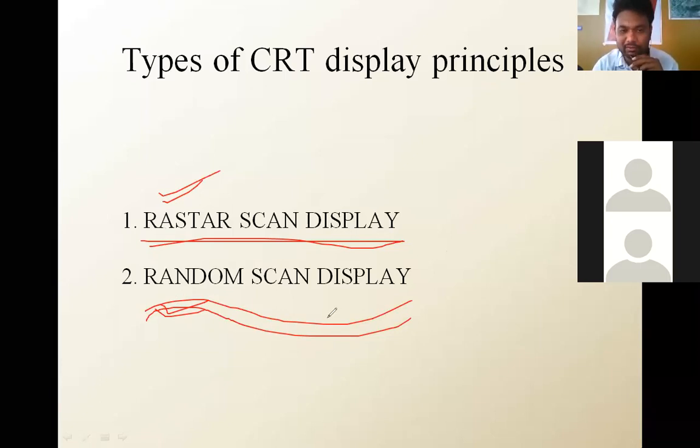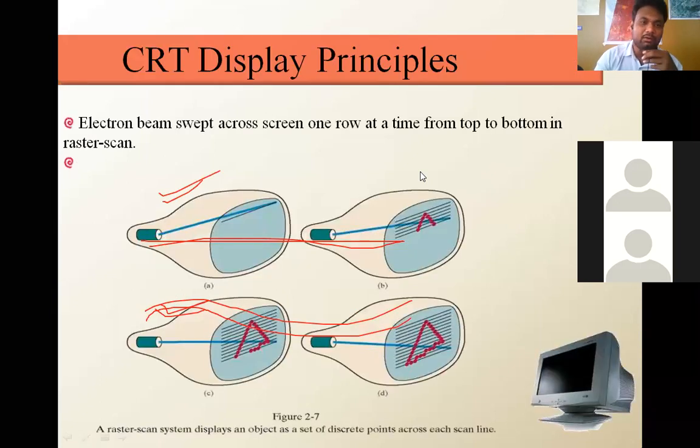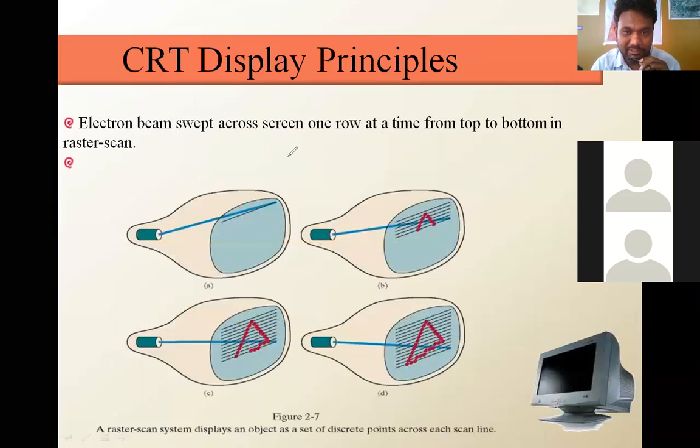We'll move on to the raster scan display now, which is a very easy topic. We discussed this CRT monitor and we know its main components. It has connecting pins and one cathode.